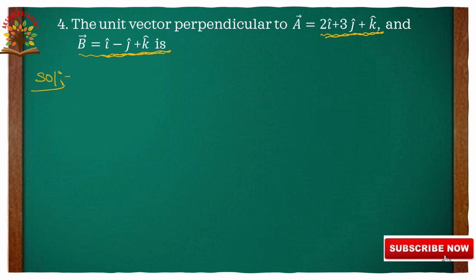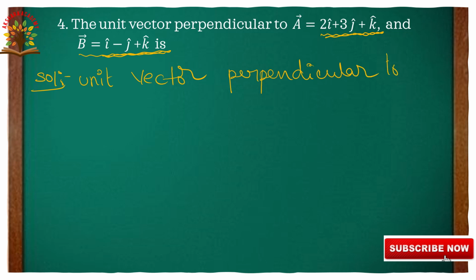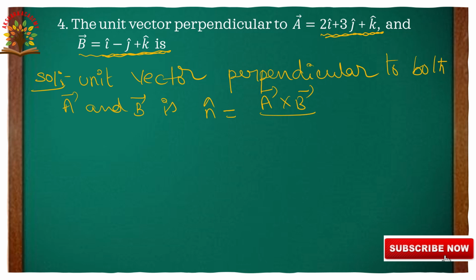Here the unit vector perpendicular to both a bar and b bar is n cap, that is equal to a bar cross b bar by modulus of a bar cross b bar.